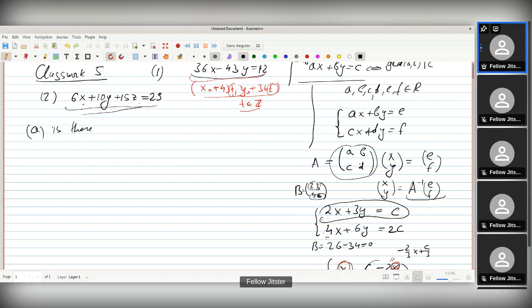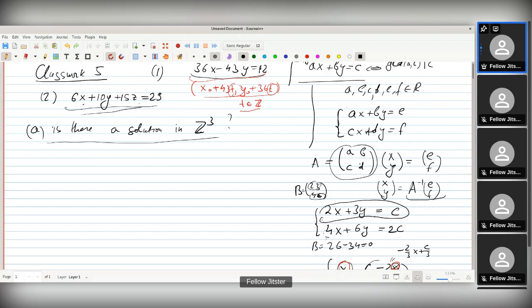This question is much easier. Is there a solution in integers? That is, in triplets of integers. Do we have a triplet of integers with such a property? In order to prove it, it is enough to provide one.